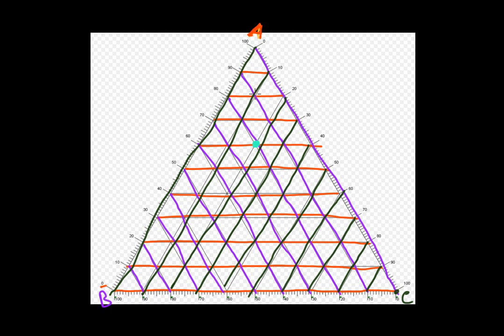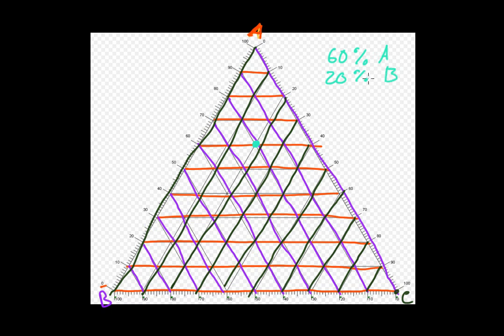So then we have 90, 80, 70, 60. So that's 60% A. And then on this side, we go this way, so we have 100, 90, 80, 70, 60, 50, 40, 30, 20. Could have just gone from 0, 10, 20. So we have 20% B.